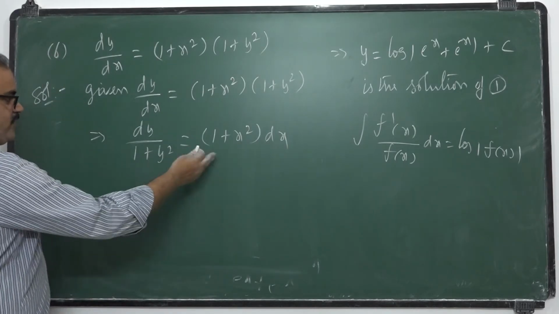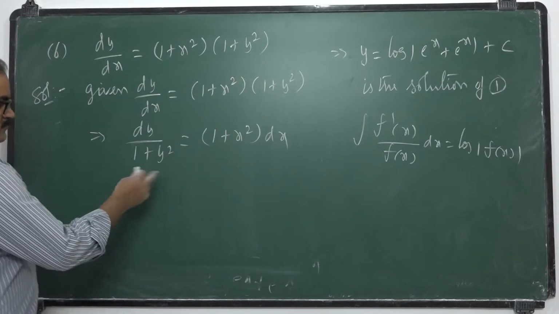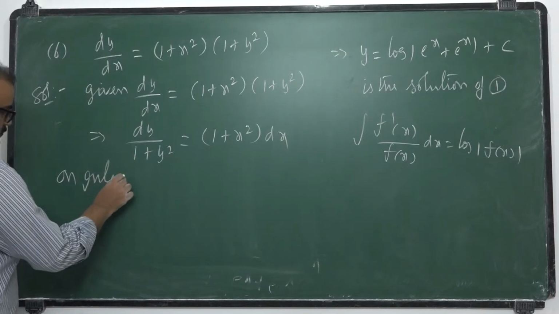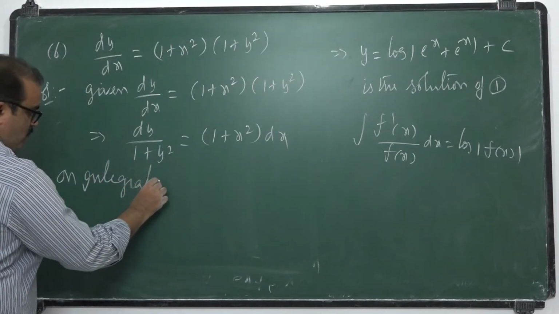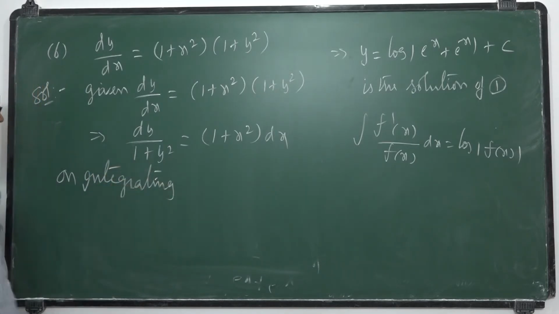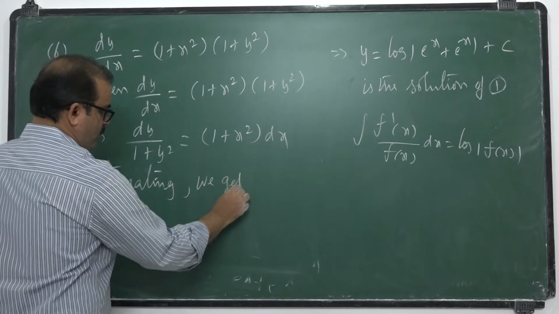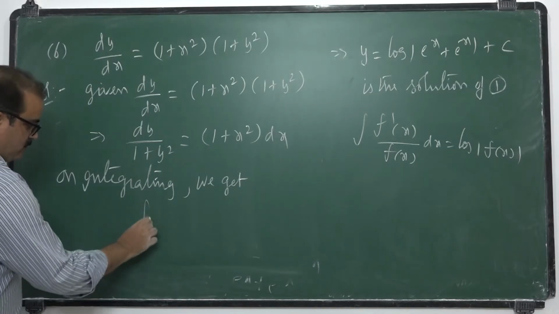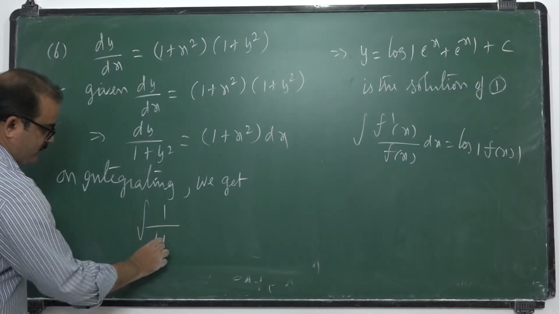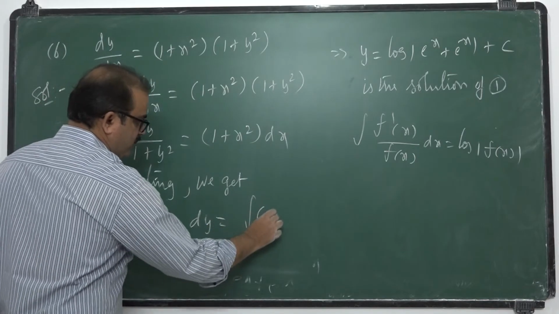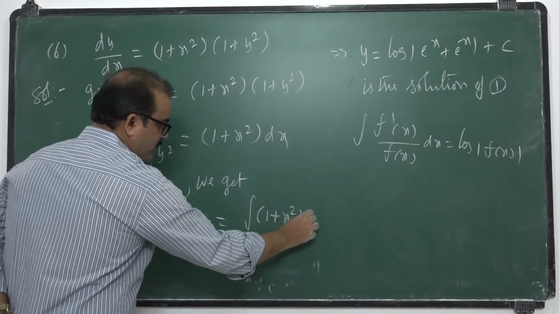Once the variables are separated, on integrating, we get the solution. On integrating, we get integral of 1 by 1 plus y square into dy is equal to integral of 1 plus x square into dx.